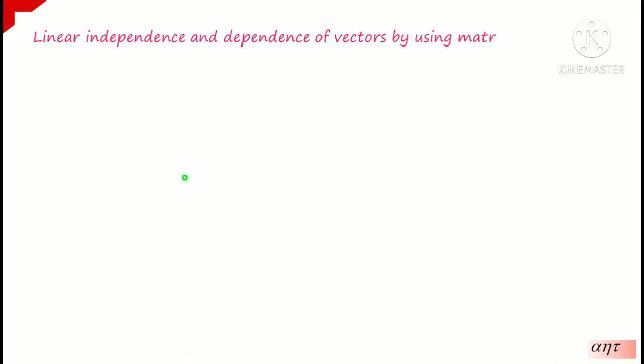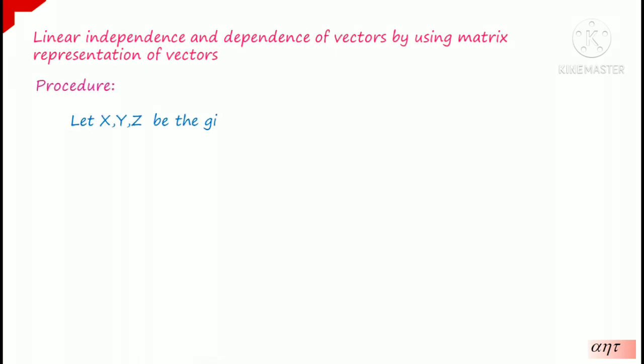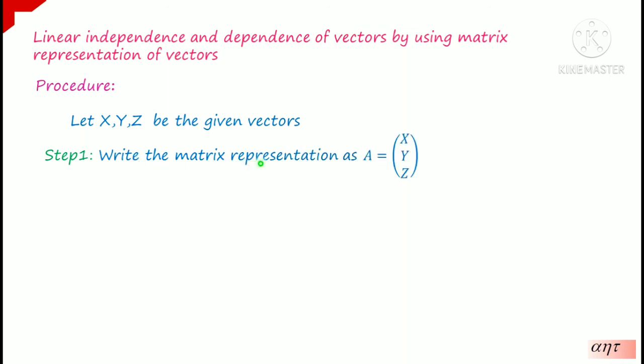Next we will see linear dependence and independence of vectors by using matrix representation of vectors. Using matrix representation, how to find out the linear independence or dependence of vectors. Procedure we will see. Suppose x, y, z be the given vectors. First step, write the matrix representation of vectors, that is A is equal to x, y, z.